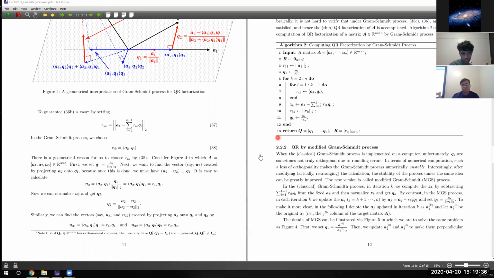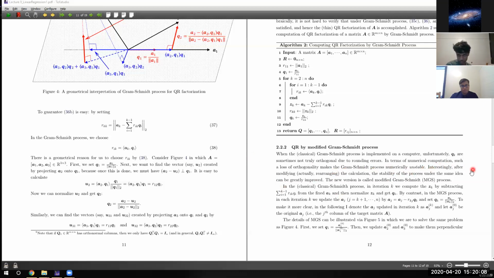However, when we really apply the classical Gram-Schmidt method on a computer in high dimensions, especially if some numbers are very big or very small, then the Gram-Schmidt method could have problems. Its condition number is a big problem. In simple language, numerically the solution calculated by the Gram-Schmidt method is not stable.